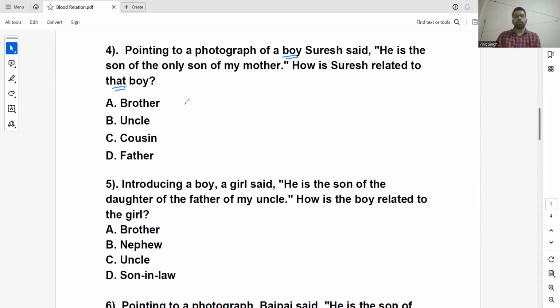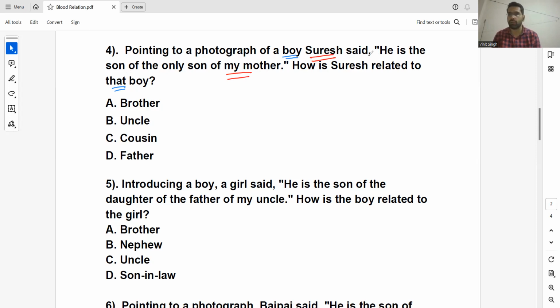Now, while solving these types of questions where they are pointing to a photograph, a man standing on a stage, from where we will start. He is the son of the only son of my mother. And we have to find how Suresh is related to that boy.